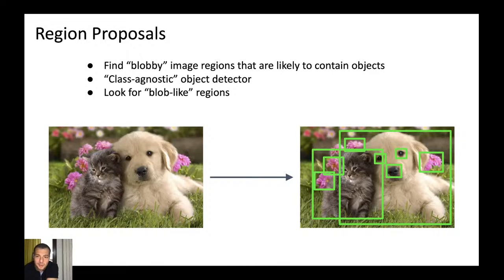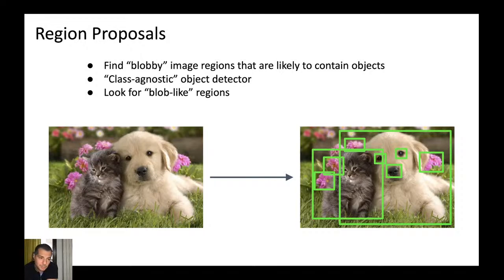In this task, there are various approaches in which people try to find these blobby image regions that are likely to contain objects. The approach is typically class agnostic, so it's just trying to detect something that looks like an object, but it doesn't know the class of the object.